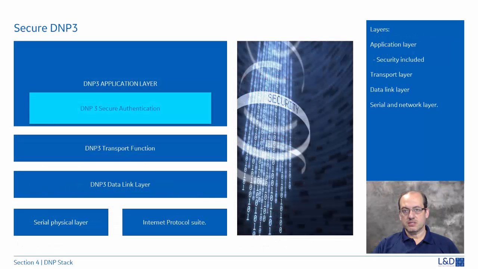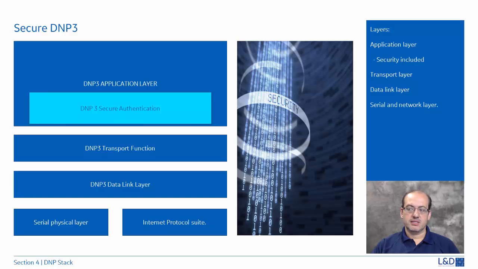If we want to discuss some of the new layering that's taking place in the field of communication, the new stack, what you will find is inside the application layer, if you're complying to a level 4 device, you will find an extra functionality built into the application layer, or an extra layer if you like, which is the DNP version 3 Secure Authentication layer.